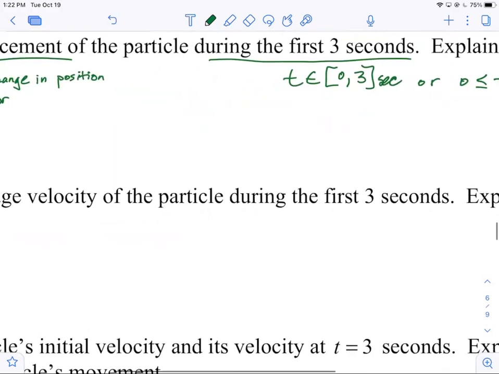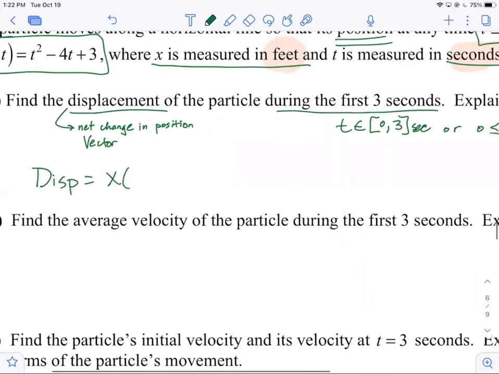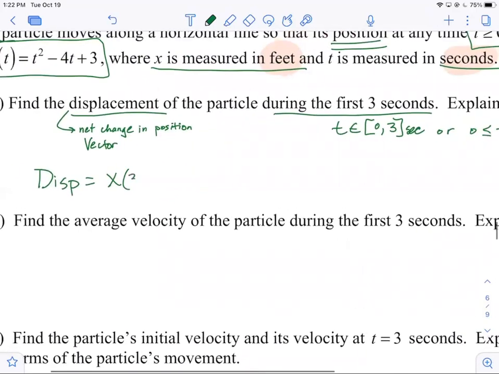Okay, now define displacement. Here it is. Displacement, DISP. You want to get in the habit of labeling your expressions. Displacement, or you can call it big D, whatever. It's going to be your final position. So what would be the final position? It would be x of 3 minus your initial position, x of 0.